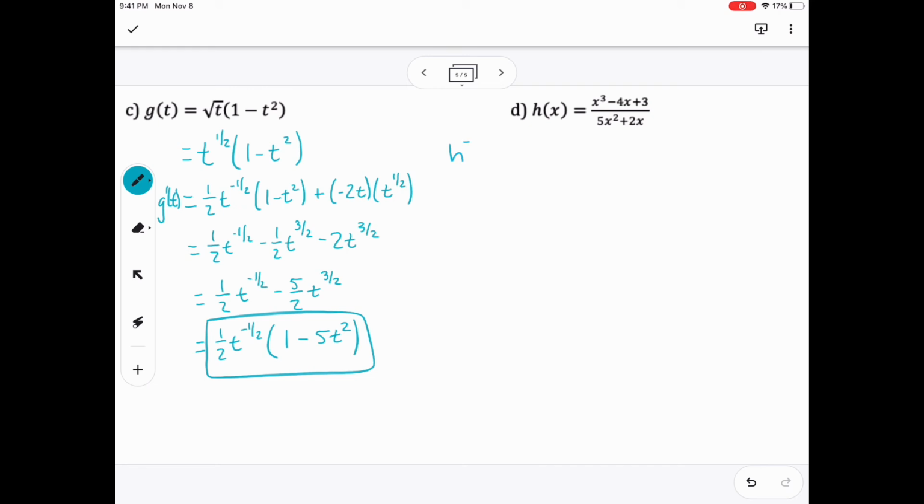Okay, letter D. Now with the quotient rule, I'm going to take the derivative of the top and times it by the bottom. So the derivative of the top would be 3x squared minus 4 times the bottom. Now here, because it's a quotient, I subtract, and I take the derivative of the bottom, which will be 10x plus 2, and then times the top.